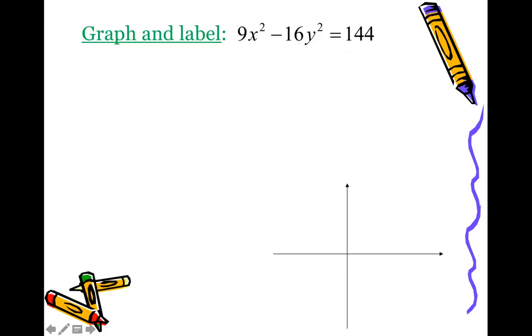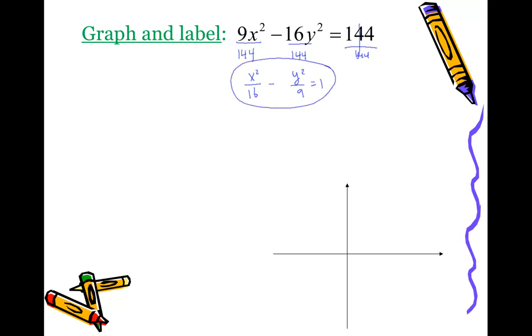So let's look at this example, the same one we just had. Now we're going to formally graph it. To start off, divide everything by 144. So I've got x squared over 16 minus y squared over 9 equals 1.